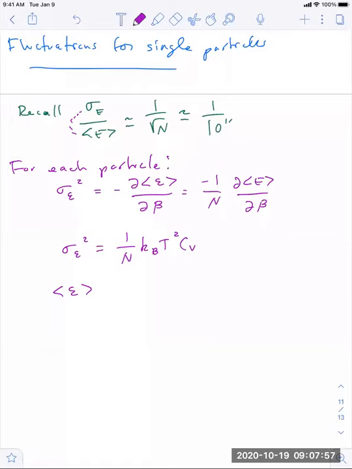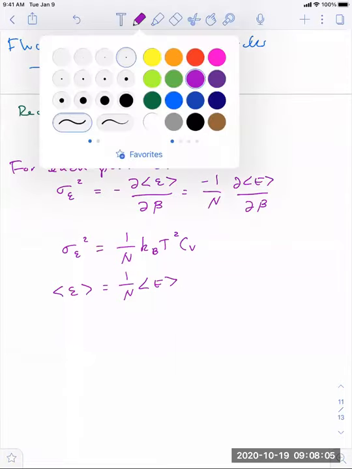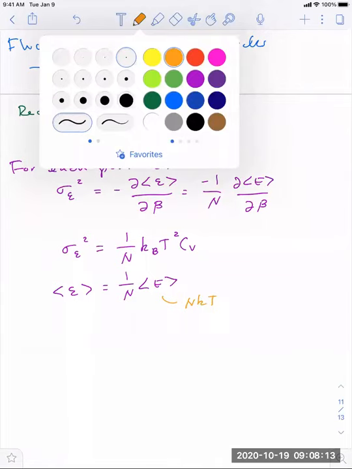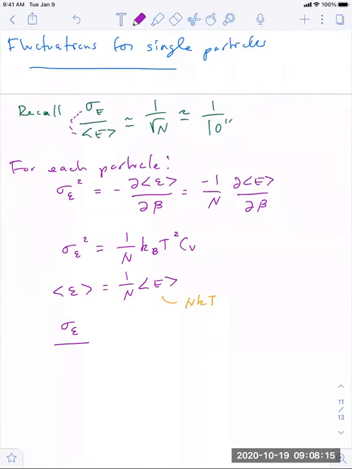So what's our average energy? It's going to be the total energy divided by the number of particles. In our last example, I think we took the average energy to be nkT as an estimate. And so now if I take the square root of this fluctuation expression and divide it by the energy, I get kT over kT equals 1. And so the relative fluctuations are very large for single particles.